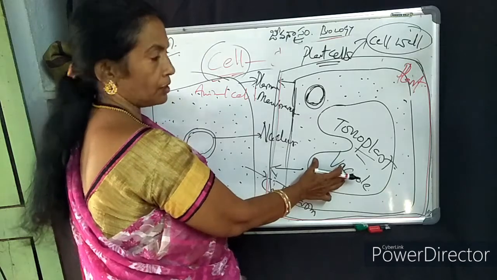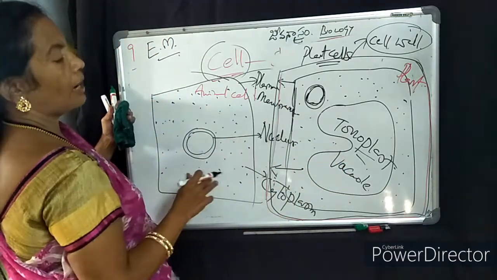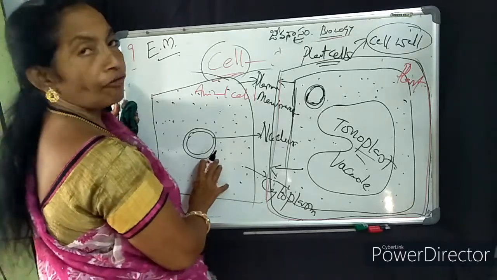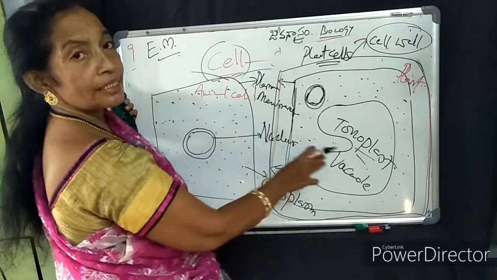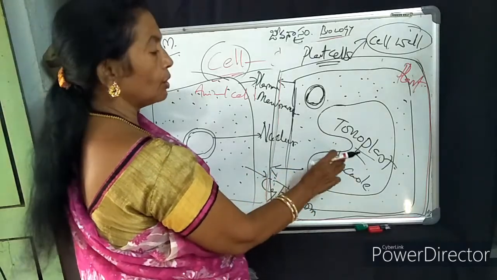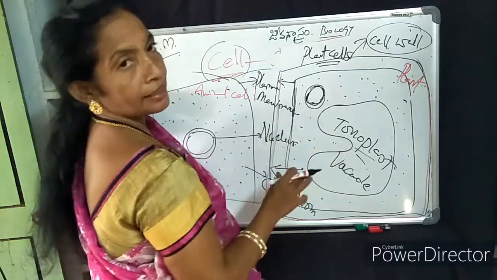So the second difference: we cannot find tonoplast in animal cells, whereas we see tonoplast, a peculiar structure called a vacuole, in the plant cell.